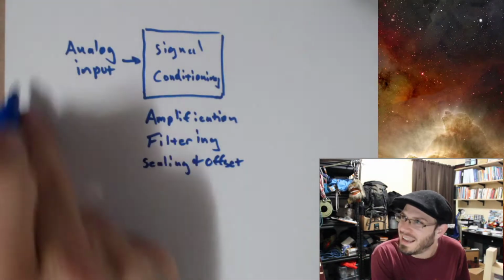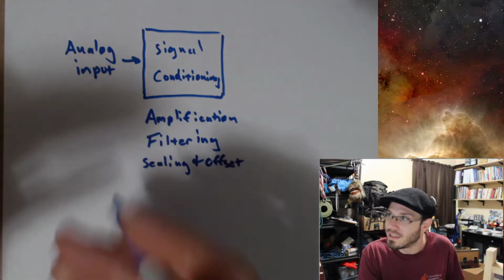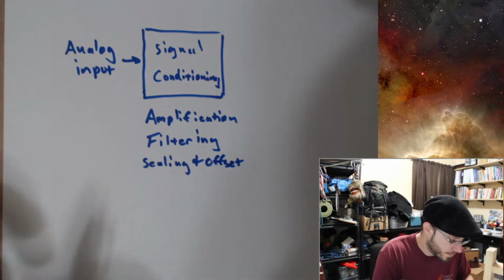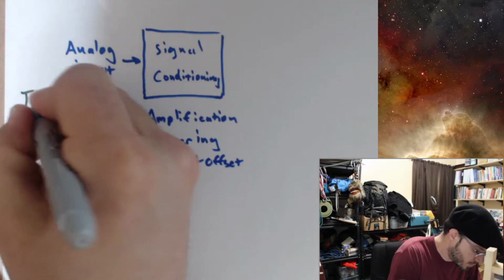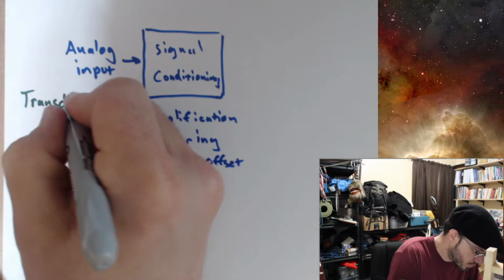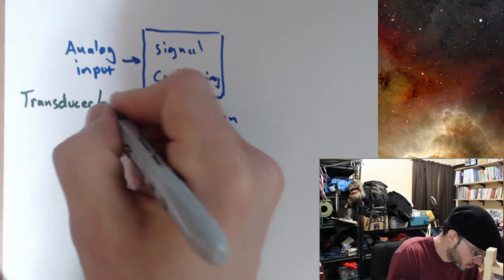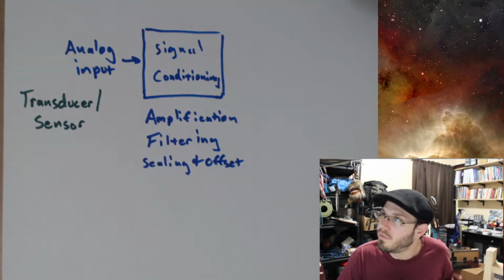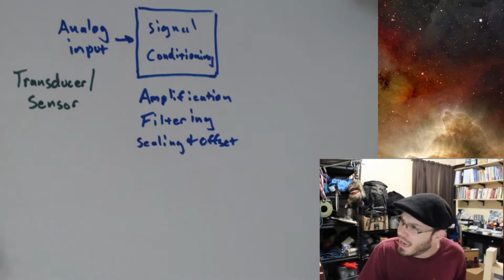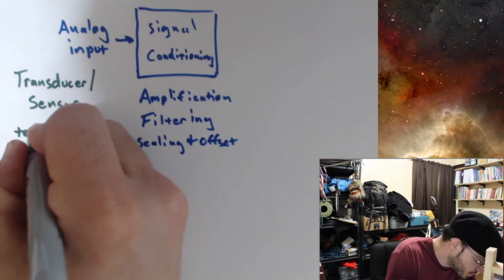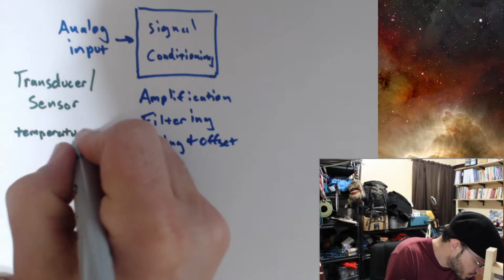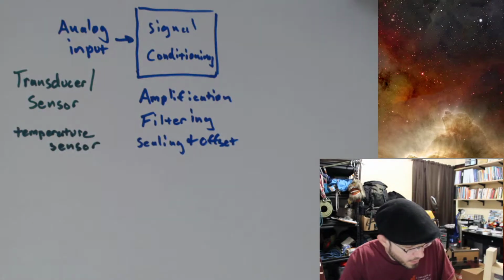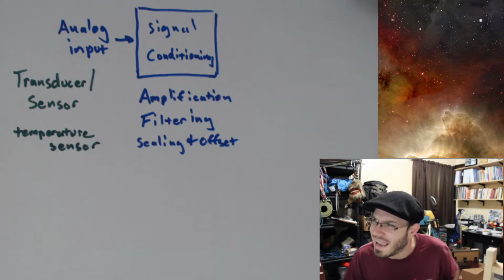Depending on whatever analog signal we're dealing with over here, this would be coming from some kind of transducer. And so you can think of this over here as it could be a temperature sensor. It could be some sort of light detection.